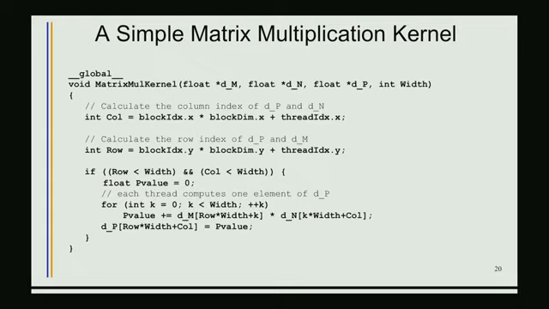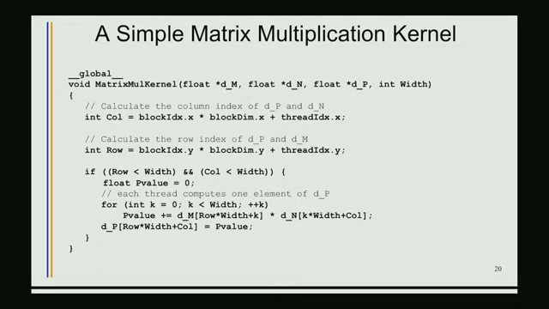Just take the element of m, take the element of n, multiply them together, and accumulate them in p-value. And then once I'm done, store it, and voila. That's all it takes. Of course, what I have to do is, based on row and column, make sure I get the right position of both the input and the output values. But again, it's just the conversion of the 2D structure into a linear form. Okay, there we go.